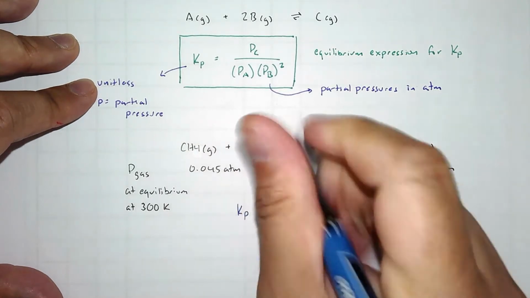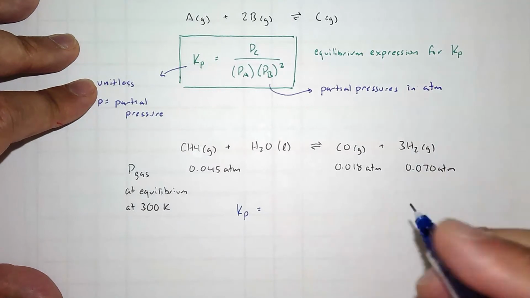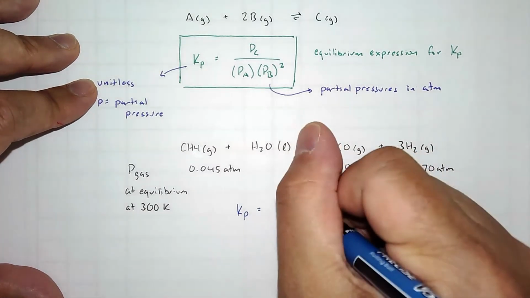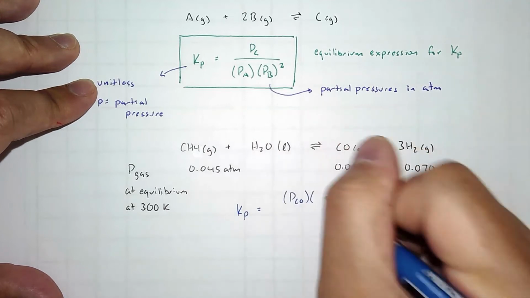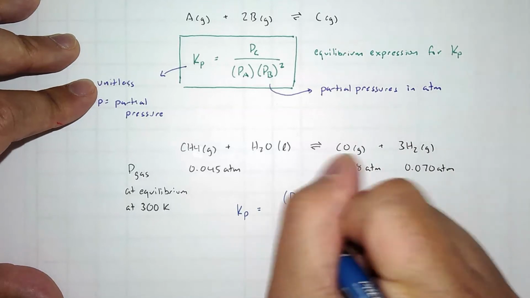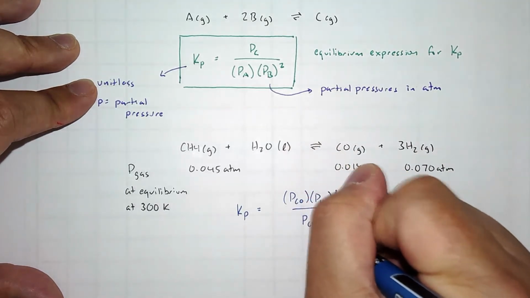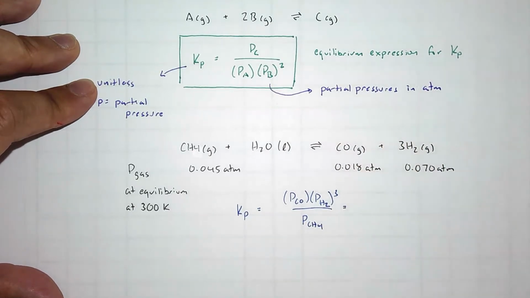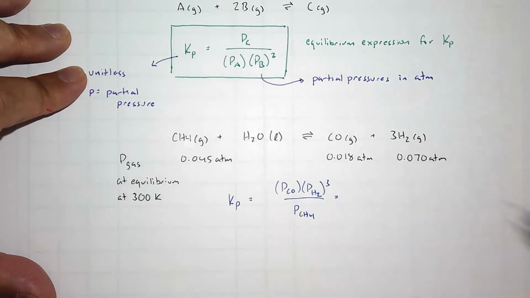I suggest that students write out the expression first and then plug in the numbers. So this is Kp: partial pressure of CO times the partial pressure of H2 cubed divided by the partial pressure of CH4. Okay, now we can plug in numbers. If you want to pause the video and calculate it yourself, that'd be great.